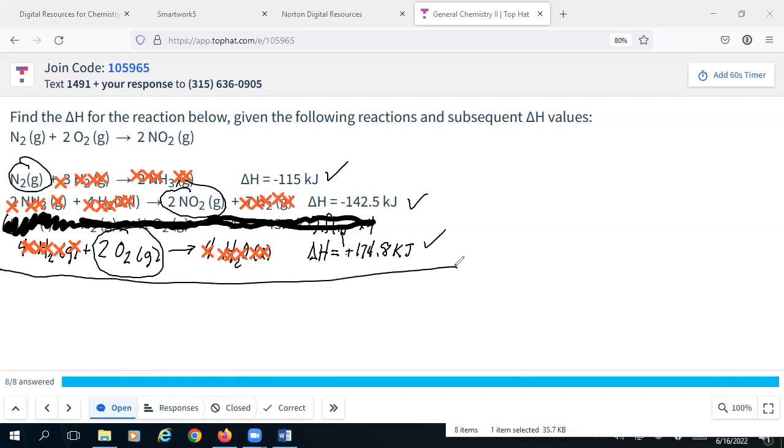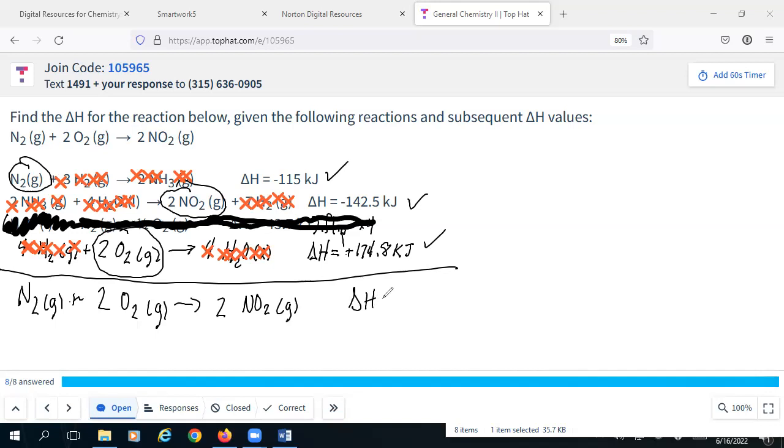So all that is left is the nitrogen in the gas phase, the 2 oxygens in the gas phase, and the 2 nitrogen dioxides in the gas phase.